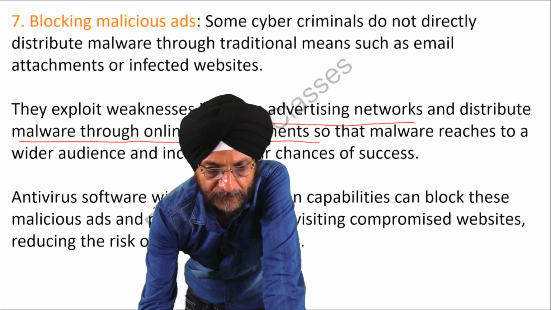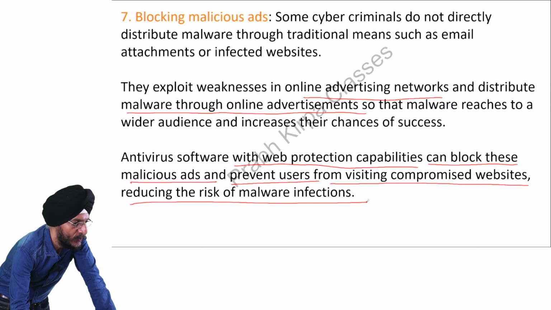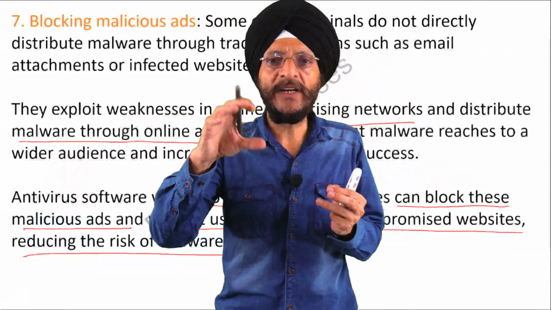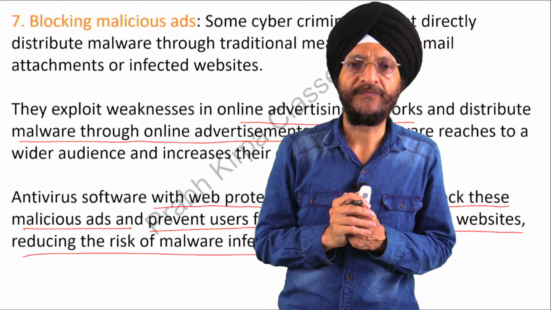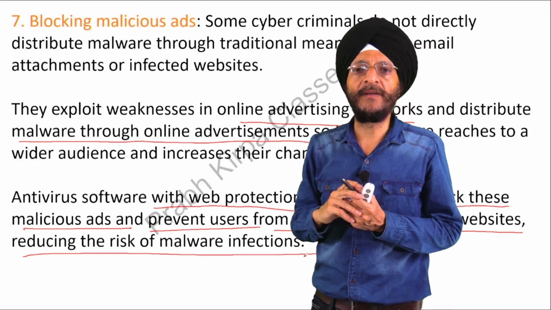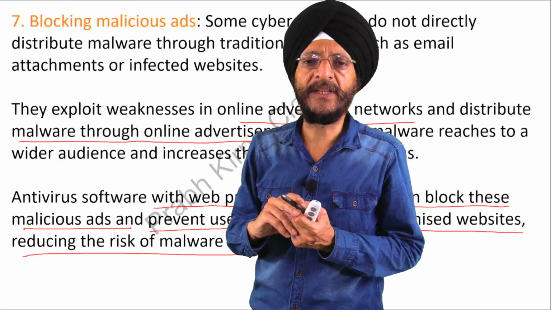Antivirus software with web protection capabilities can block these malicious ads and prevent users from visiting compromised websites, reducing the risk of malware infections. It happens that whenever online advertisements are appearing, some of these may have been compromised by the cyber criminals.